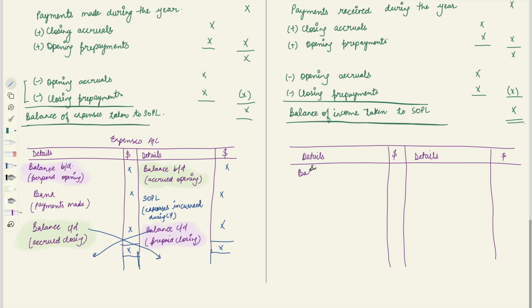On the debit side, balance brought down would be my asset. The asset is your accrued income: income we have not yet received, but we have provided the services for. Then on the credit side, it's going to be prepaid income, brought down balance, opening balance.